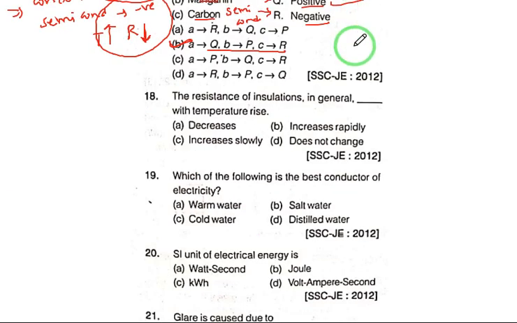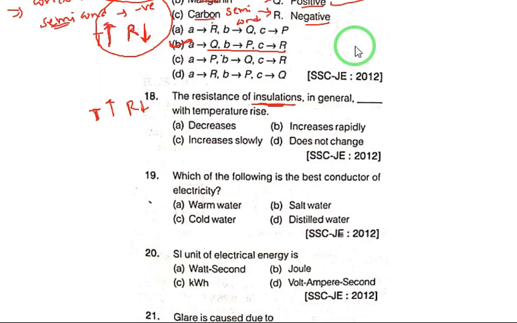Next one, the resistance of insulation in general with temperature rise. We know that an insulator is like a semiconductor. So if temperature increases, resistance will decrease. In the previous case, what happens in case of a semiconductor? If temperature increases, resistance will decrease.